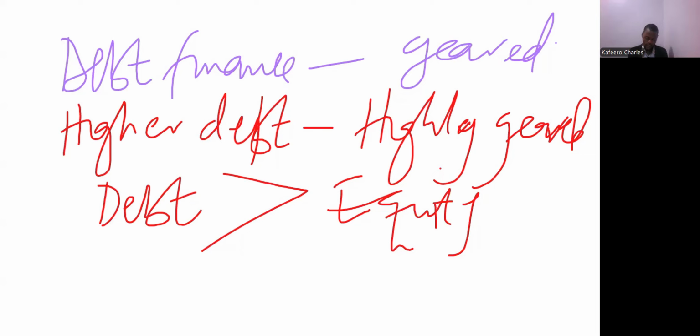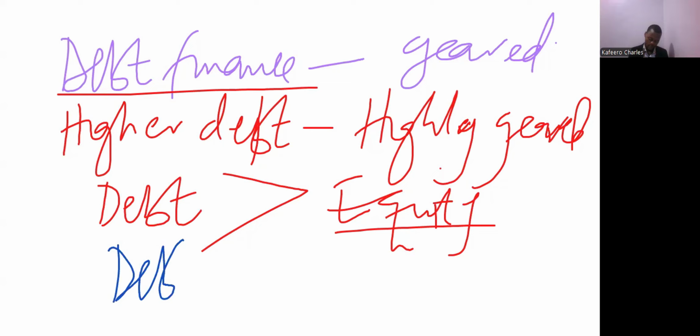There are arguments as to whether the company should have debt in its capital structure. Others think it would be fine for a company to be financed by 100% debt, or by 100% equity. Others think that we should have a combination of debt and equity in our financial structure.